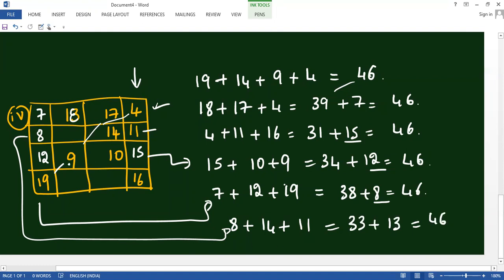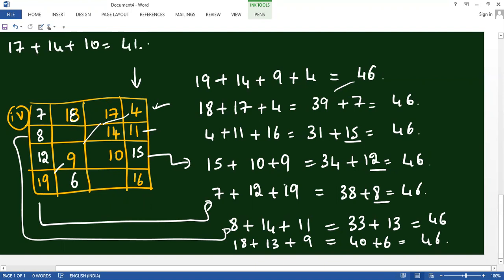And now we have two more things. Then 18 plus 30 plus 9, so that is equal to 40. 40 plus 6 is equal to 46. This could be the sixth answer. Then I'll be writing here 17 plus 14 plus 10, that is equal to 41. 41 plus 5 is equal to 46.